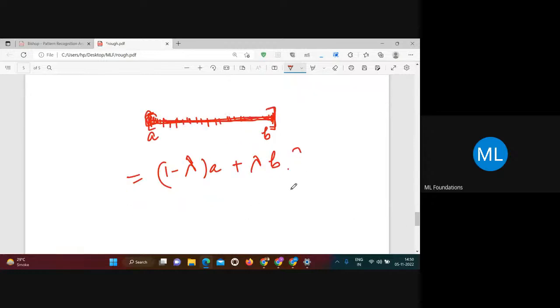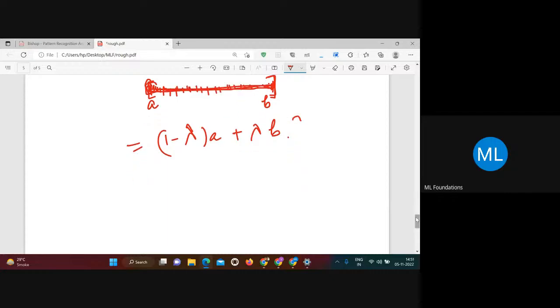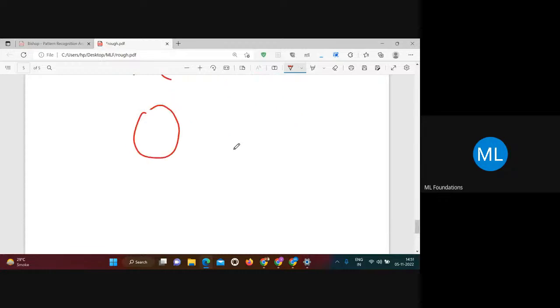In a 2D plot, if you take 2 points inside the set, draw a line segment, and all the points on that line segment belong to that set S, then it is convex. For example, I'm plotting a circle, or a triangle.